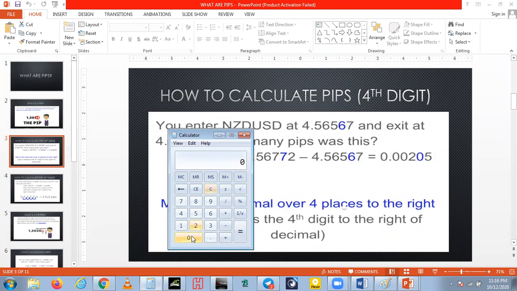So let's imagine you put $10 this time around. Look at that. Still not 20 cents, or is it? And let's imagine you use $1,000 times that same exchange rate difference.